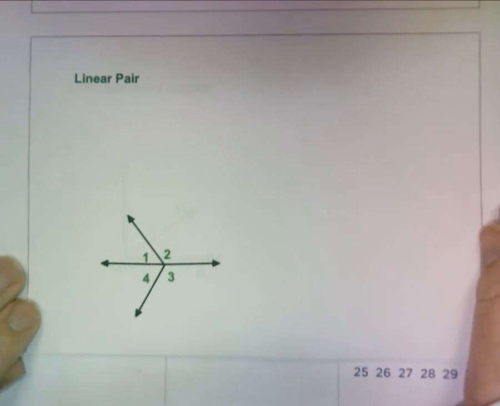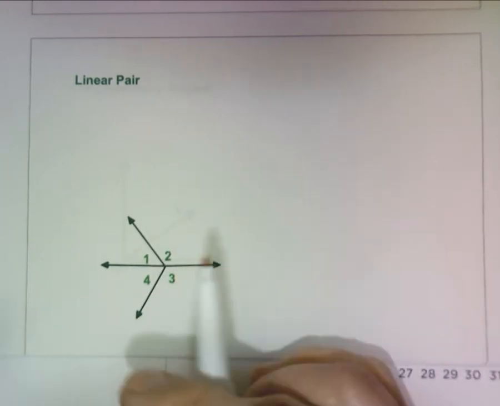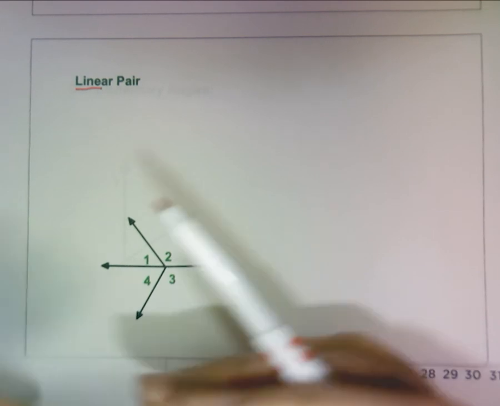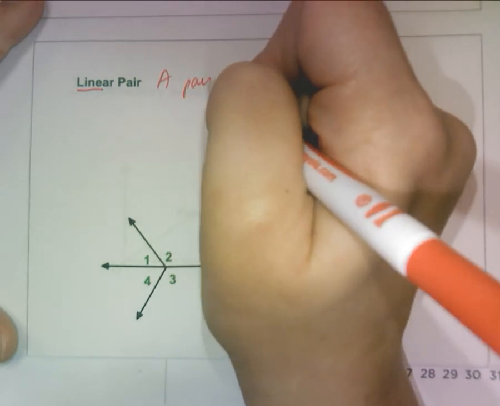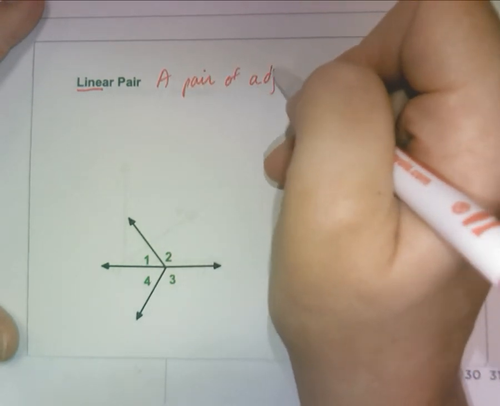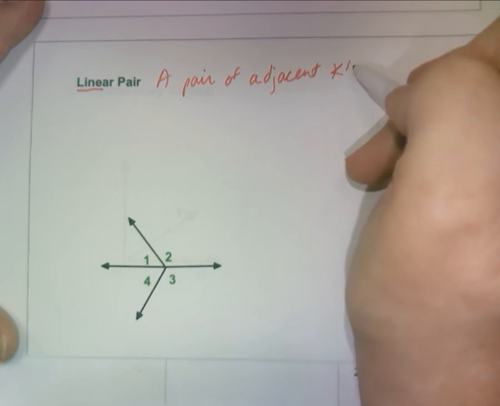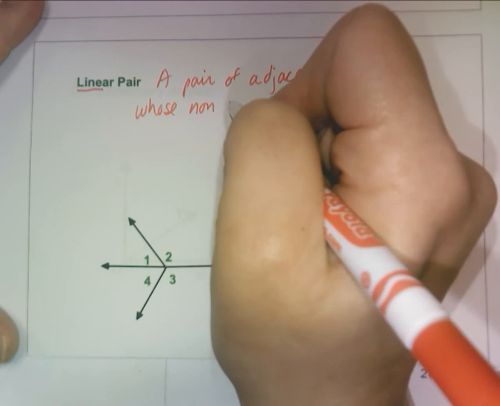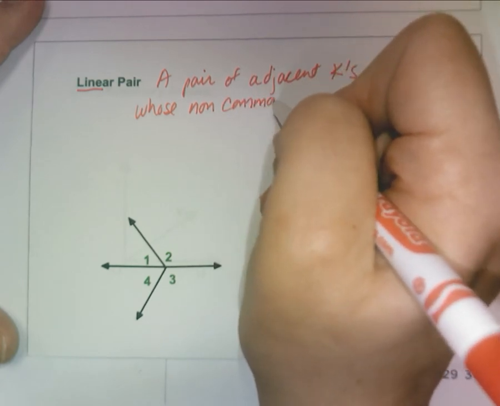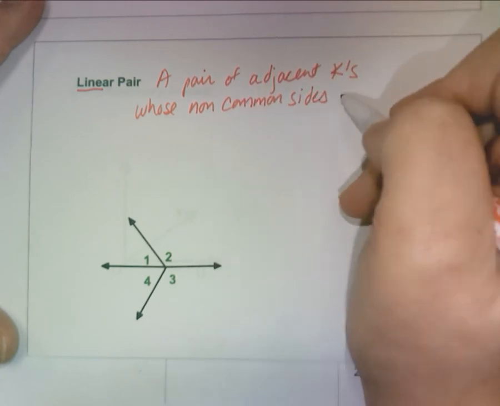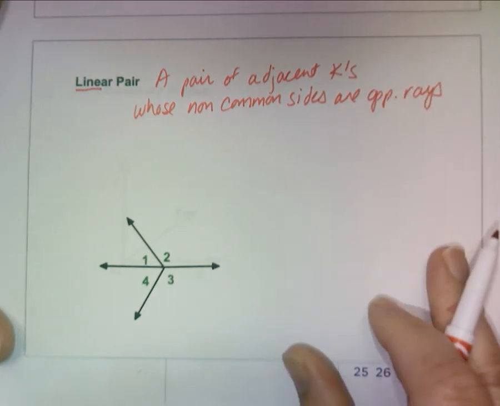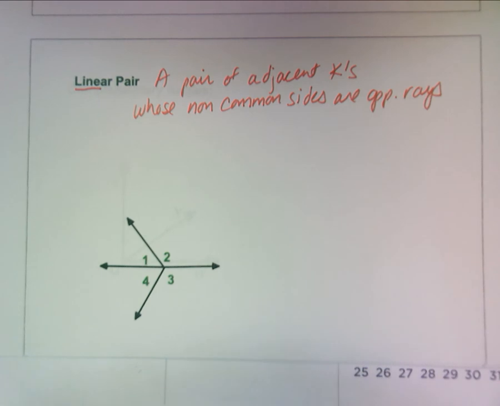Now, a linear pair. Look at the word that it has in it. Linear, line. They need to form a line, don't you think? So a linear pair would be a pair of adjacent angles whose non-common sides are opposite rays. And if you remember from the last lesson what opposite rays look like, those are straight opposite each other.